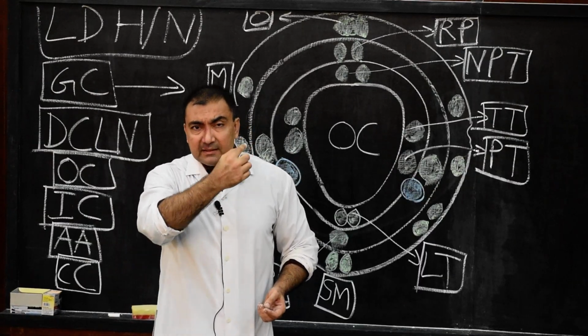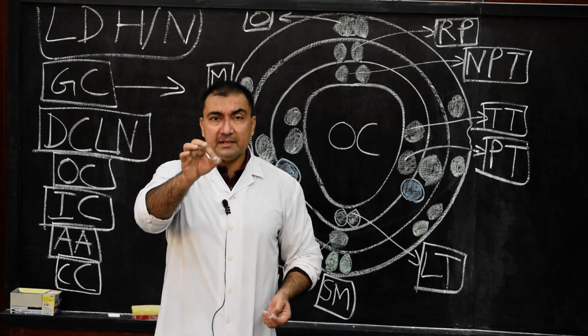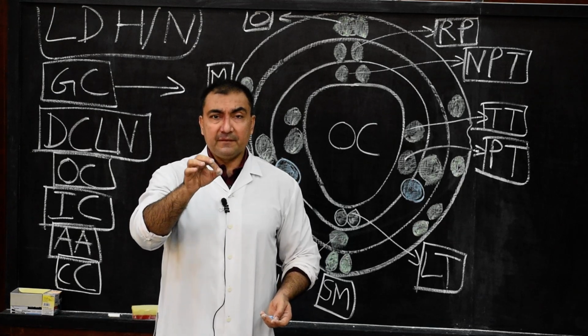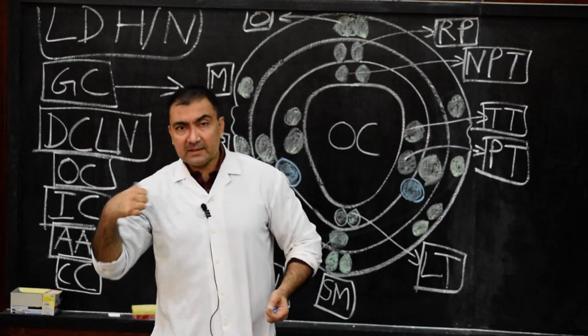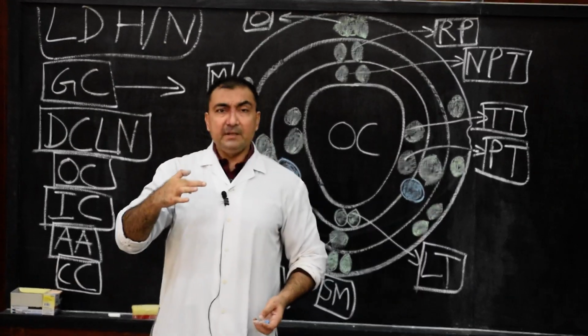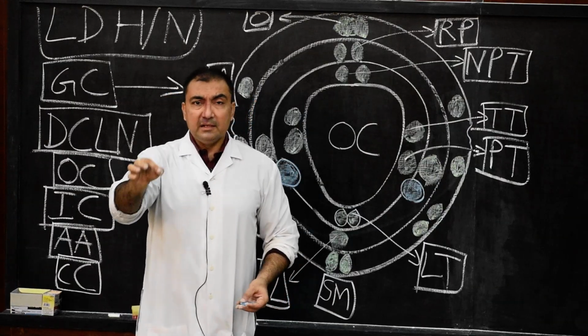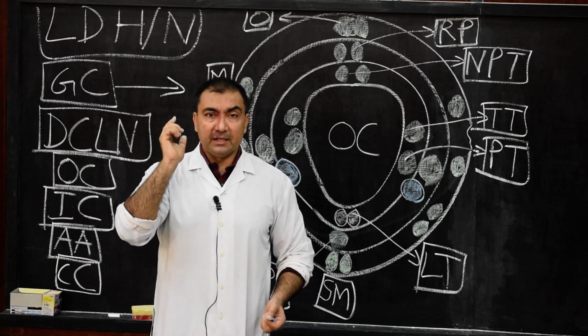The left descending jugular lymph trunk will drain into the junction of the left internal jugular vein and left subclavian vein. That is where the thoracic duct is terminating. On the right side, it will drain similarly into the junction of the right subclavian and right internal jugular vein, where the right lymphatic duct is terminating.